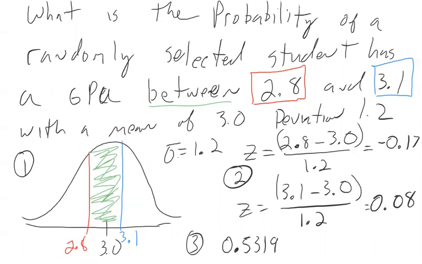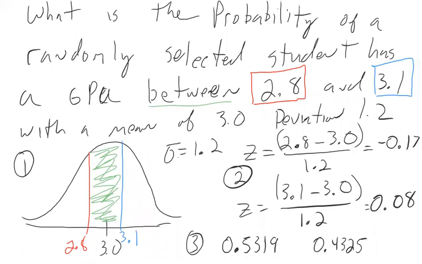And then my negative 0.17, 0.1, you're right, 0.1, there we go, 7, 0.4325. Everyone agree with me that's playing along? Yep. Okay, good.